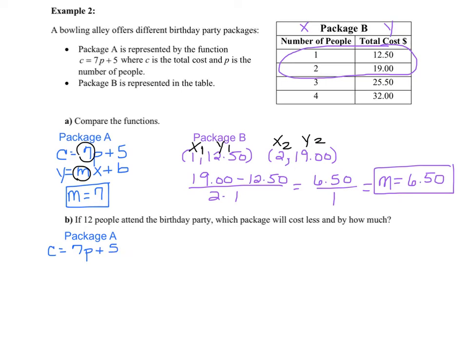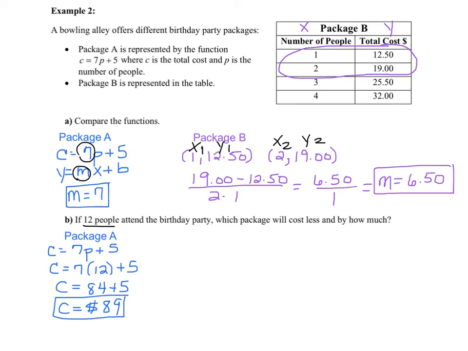How many people are there? Well, there are 12 people. So we're going to substitute 7 times 12 plus 5. So C equals 7 times 12 is 84. And then we're going to add 5. So your cost is equal to $89 for package A.